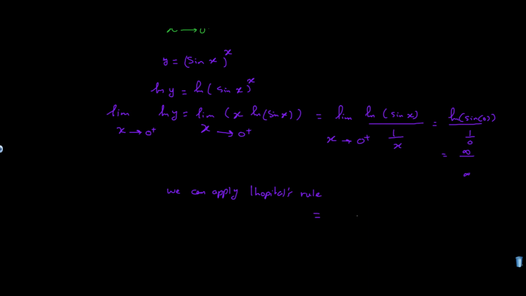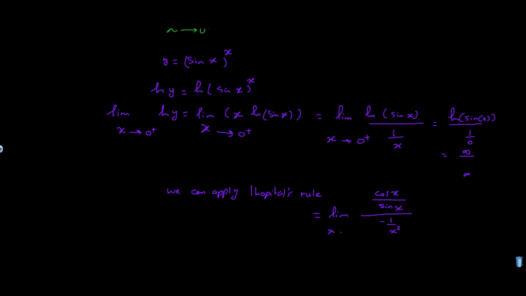Now take the derivatives. The derivative of ln sin x is cosine x over sine x. The derivative of 1 over x is, by the quotient rule, 0 times x minus 1 times 1, over x squared, which is negative 1 over x squared.